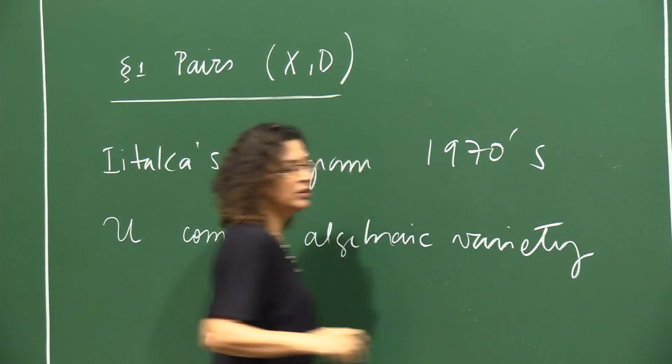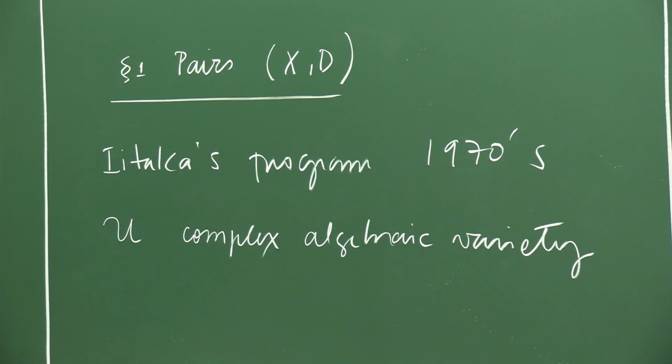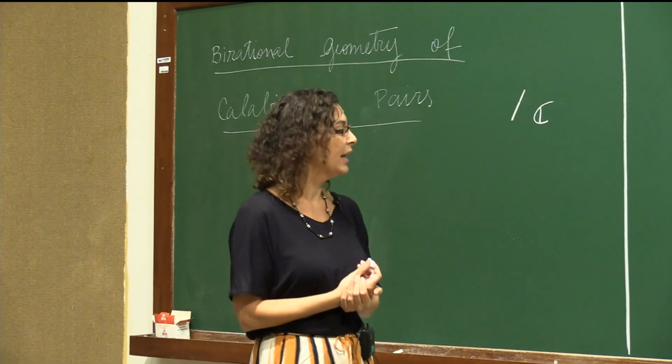And Iitaka wanted to develop a birational geometry for such varieties in a similar way to that done, say, for surfaces, for projective surfaces. So, for instance, one would like to define Kodaira dimension, plurigenera, irregularity, and so on. Of course, for open varieties, this is much more complicated.